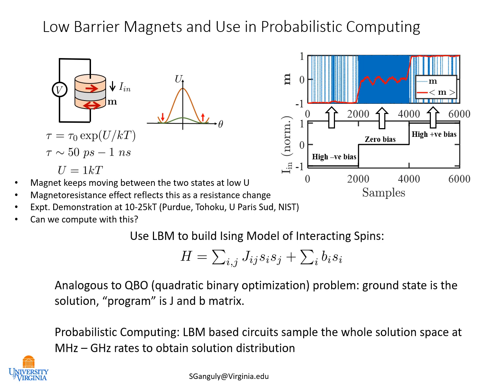If you minimize the Hamiltonian, the ground state gives you the solution of this class of problems called quadratic binary optimization. In probabilistic computing, because you have these low barrier magnets which switch back and forth so quickly, you can sample the whole solution space of this Ising model at a very high speed. So you can get a full solution distribution very quickly. That's the promise of probabilistic computing.